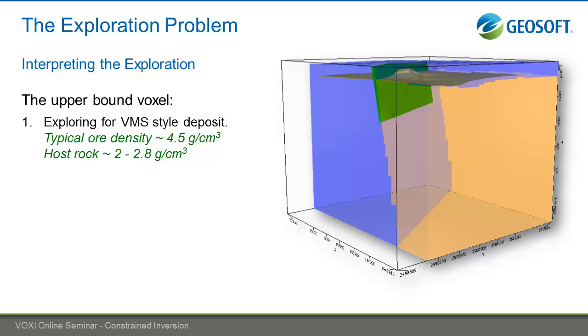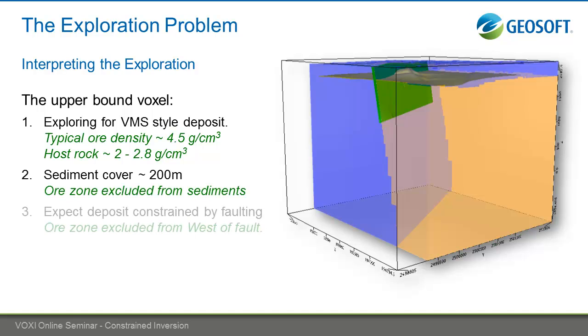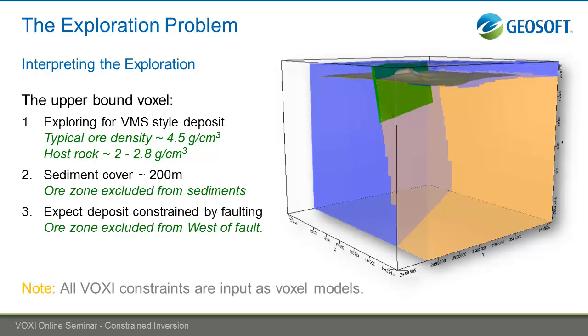But here are my constraints shown, the fault in green, and on the left-hand side of your screen from that fault, I've created a voxel model with a low value of physical property. So let's just say, for simplicity, that this blue zone represents a value of 0 in a voxel model, a low value. And then above this surface, the sediments in this model, I've also assigned a value of 0.